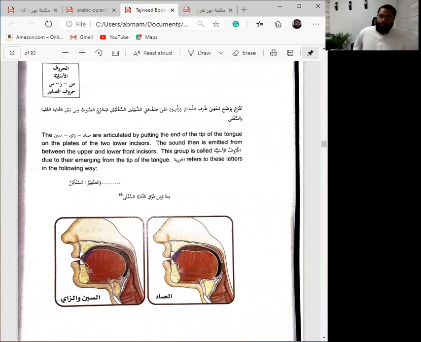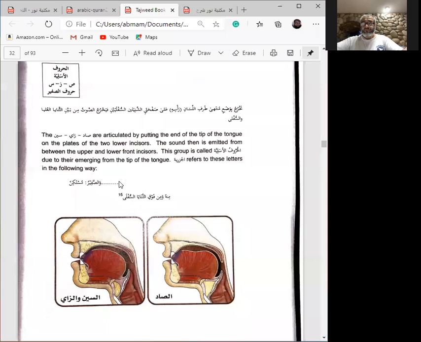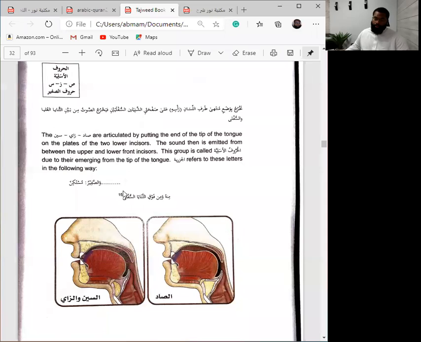Previously, we went through or explained the articulation points of the Arabic letters. We stopped on Sad, Zai, and Sin. We said Sad, Zai, and Sin are articulated by putting the tip of the tongue on the plates of the two lower incisors.